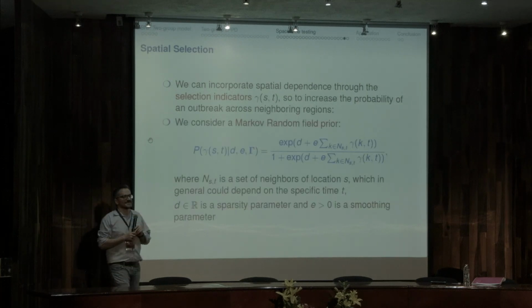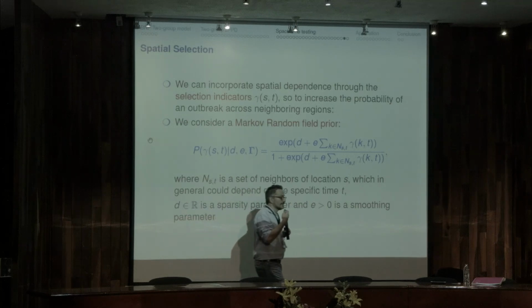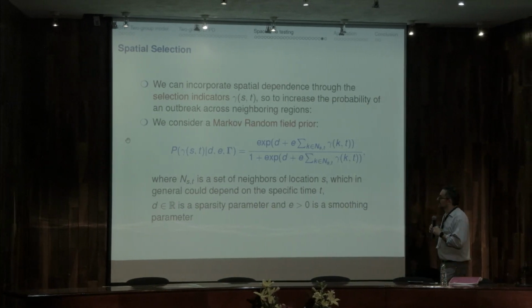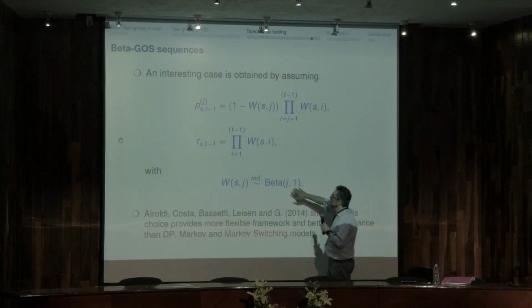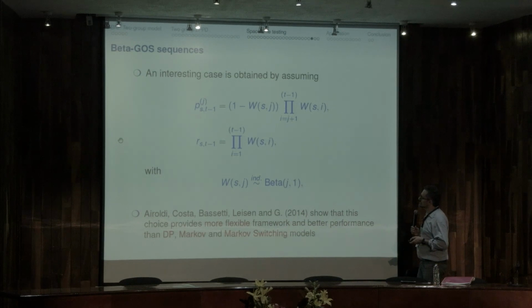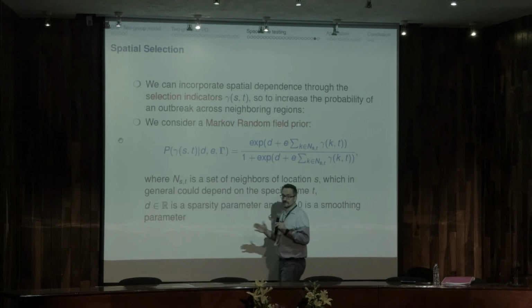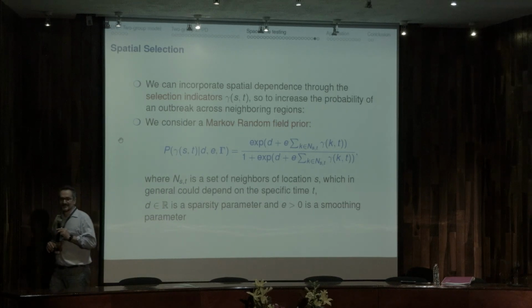So the other point is introducing spatial selection, and we can do this in different ways. We can do this by imposing the spatial selection in the weights that drive the beta-Gauss sequence. But it's much easier to actually separate, from a computational perspective, the space and time characterization.